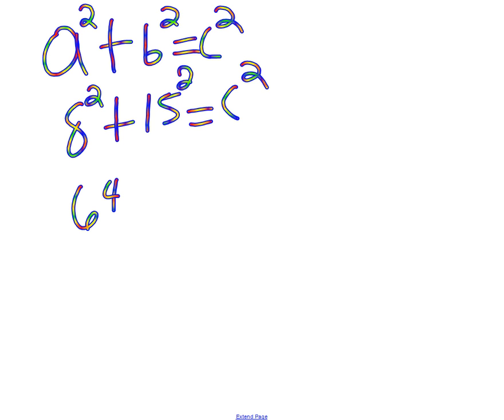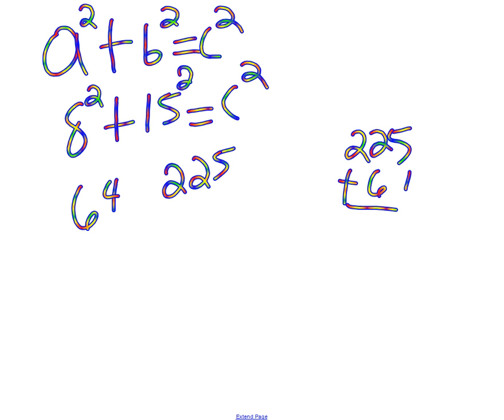What's 15 times 15? You don't have your chart? 8 squared is 64, and 15 squared is 225. And then you add up 225 and 64, and that equals 289.